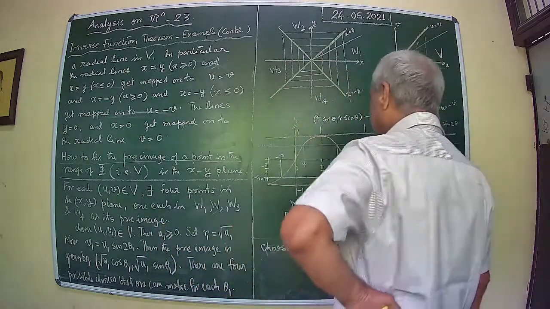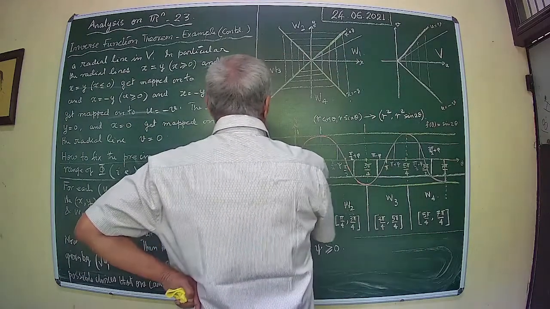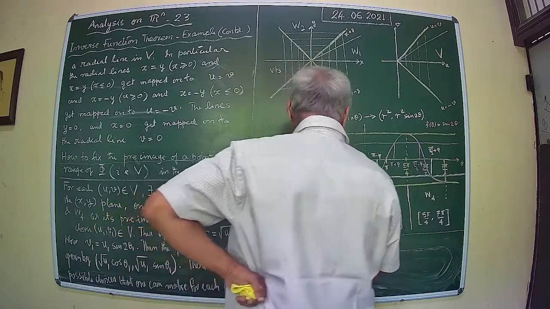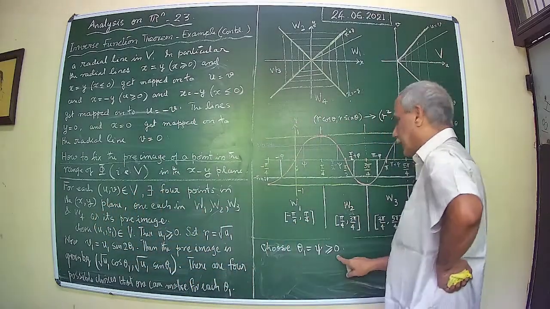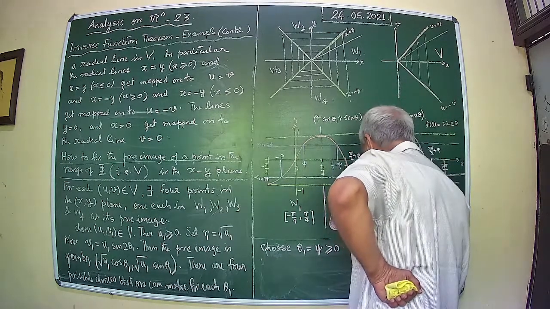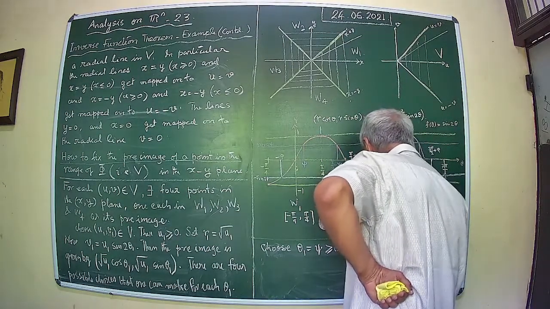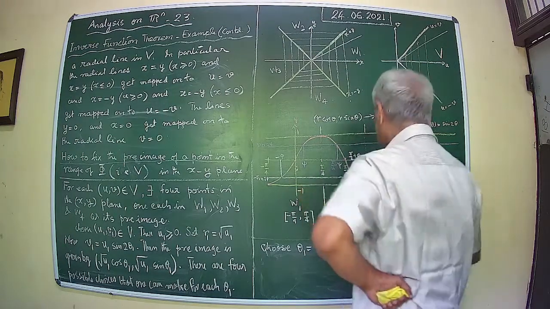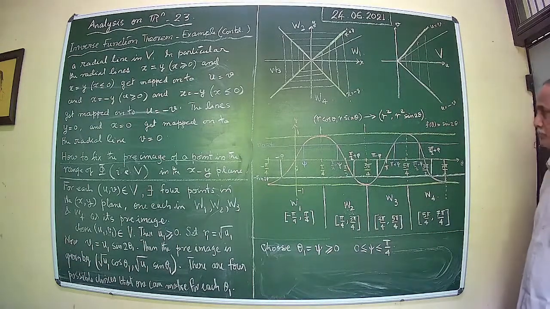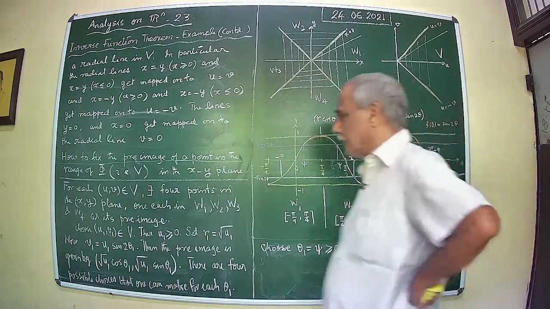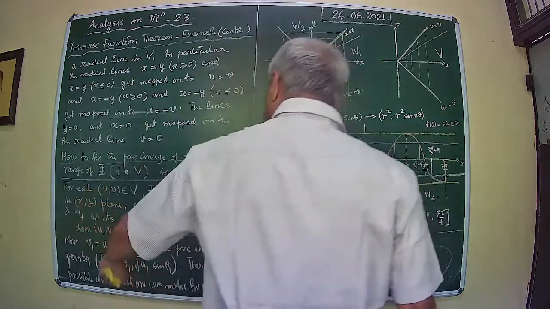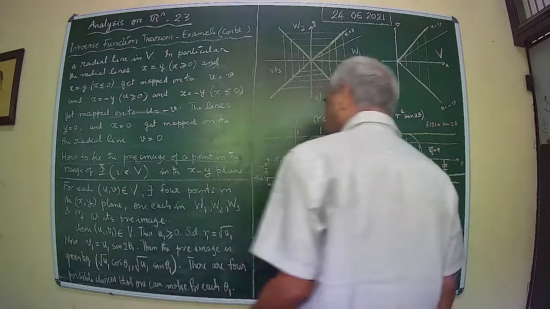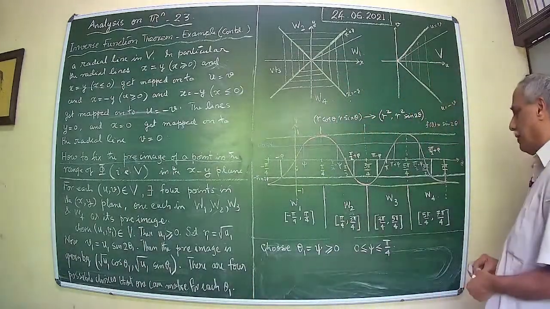Okay, now let us fix the sine 2 psi. Sine 2 psi, because psi is taken to be non-negative and we have 0 less than or equal to psi less than or equal to pi by 4. If so, what are the values for which you will get the same value for u1 and v1?